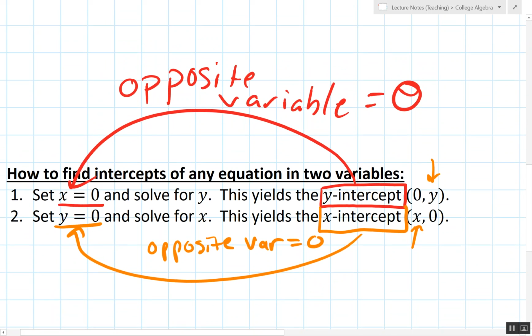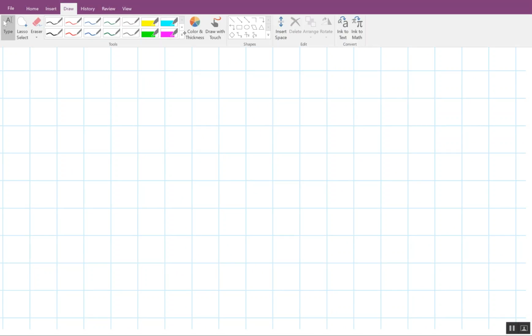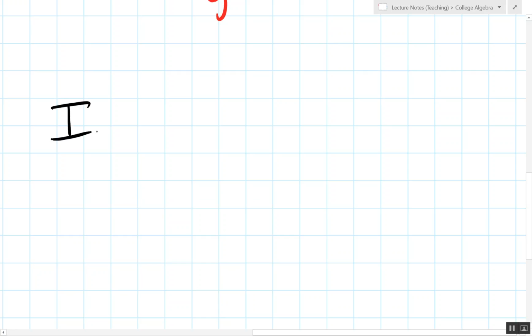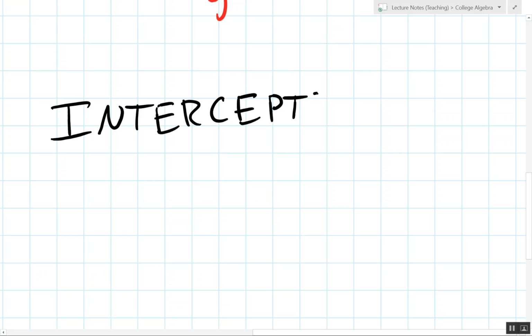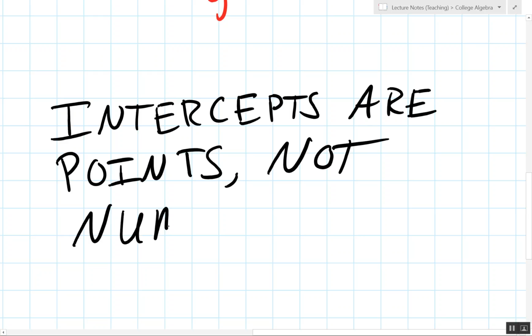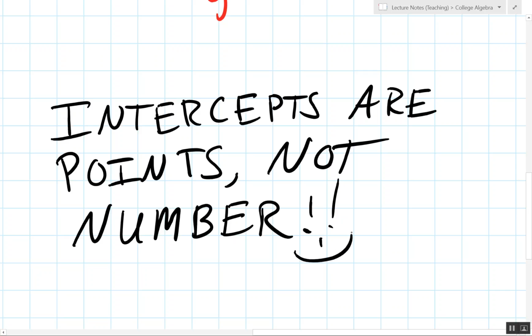One thing to note, I'll write it over here, nice and big, screaming at you: intercepts are points, not numbers. Many times when people are asked to find an intercept, they solve for the other variable.